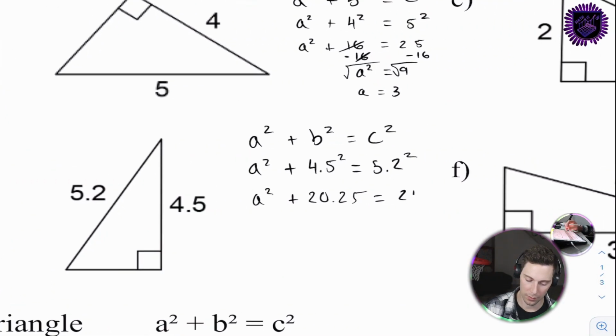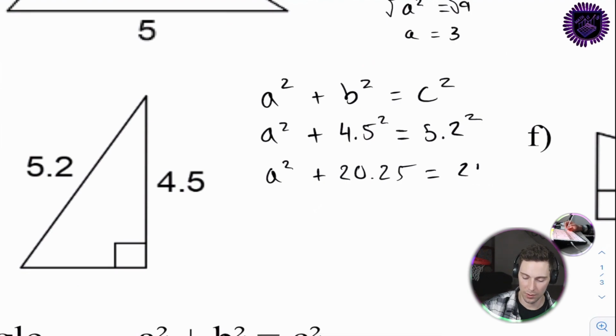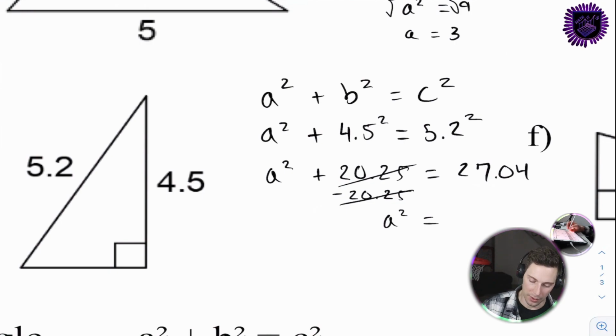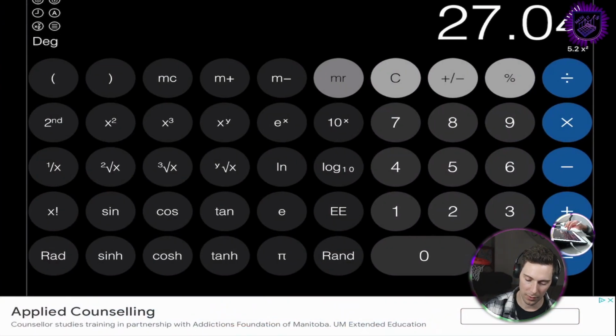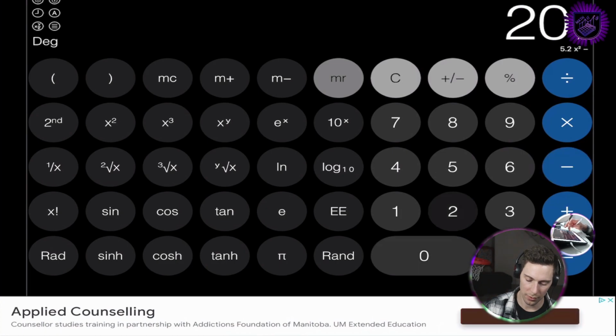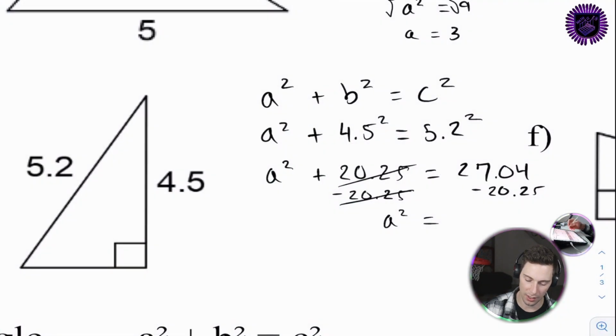Whoa. 27.04. So we can subtract 20.25 from both sides. This side it'll cancel out, leaving A squared is equal to, and then we can subtract 20.25 from this side. 27 minus 20.25 equals 6.79.